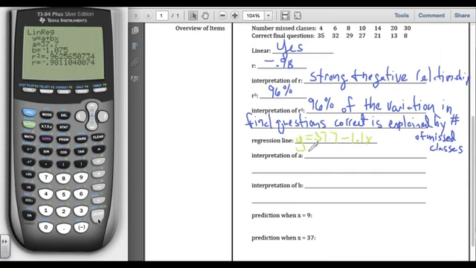So we can say we predict 37.7 correct questions for a student who misses 0 classes.